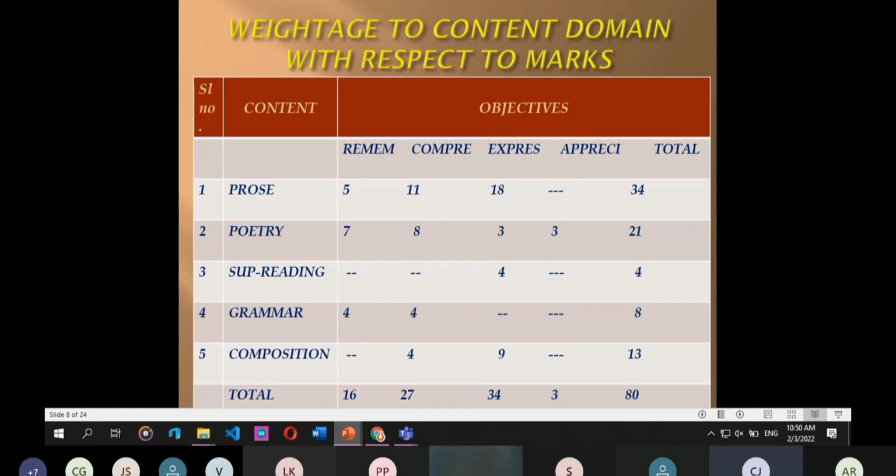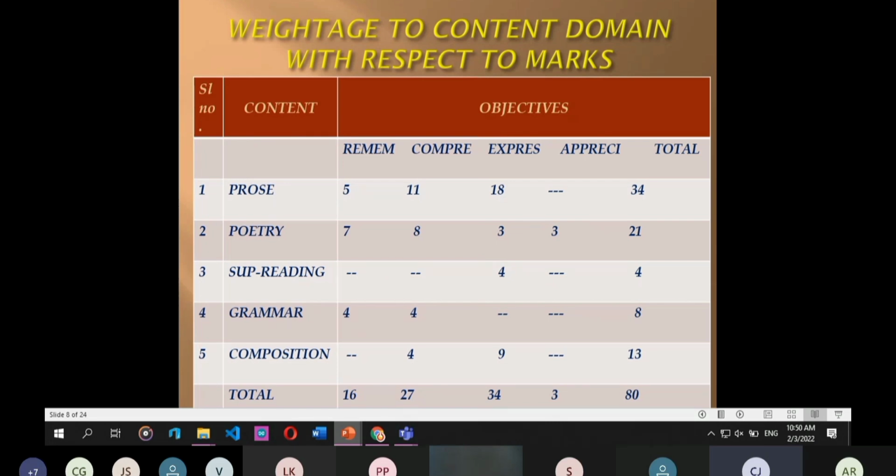Then coming to poetry: remember 7, comprehension 8, expression 3, appreciation 3. Here for appreciation you can go with figure of speech or question answers or summary in particular. Then total 21 marks.